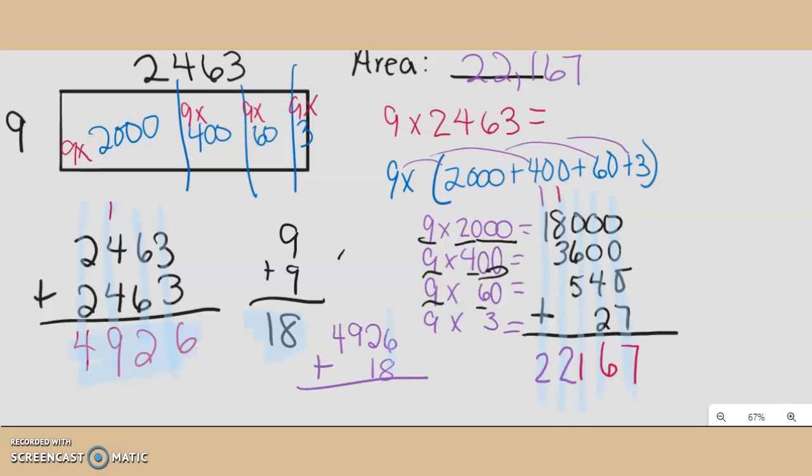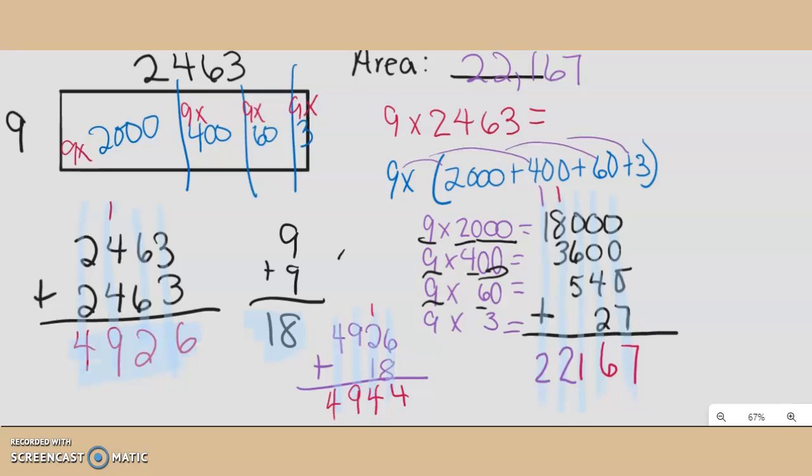Adding vertically, 6 plus 8 is 14, so you carry the 1. 2 plus 1 is 3, plus 1 more is 4. And then 9 plus nothing is 9, and 4 plus nothing is 4.